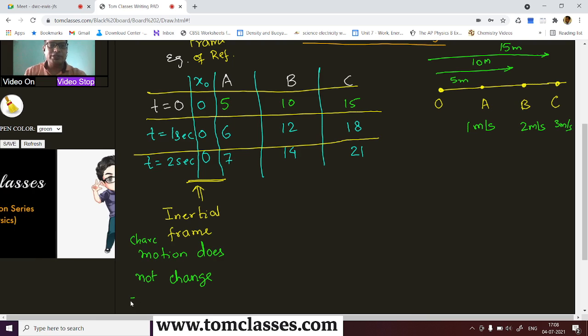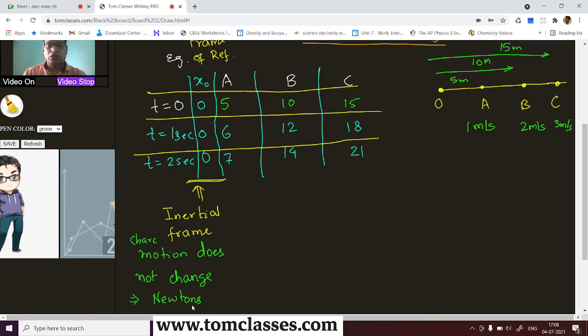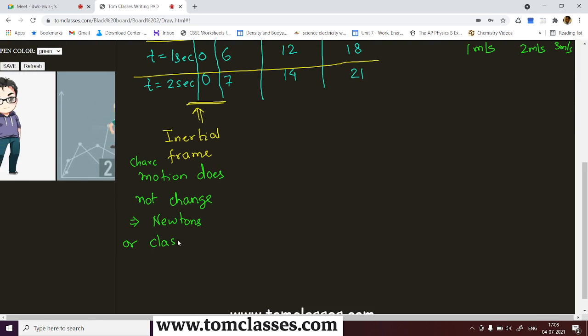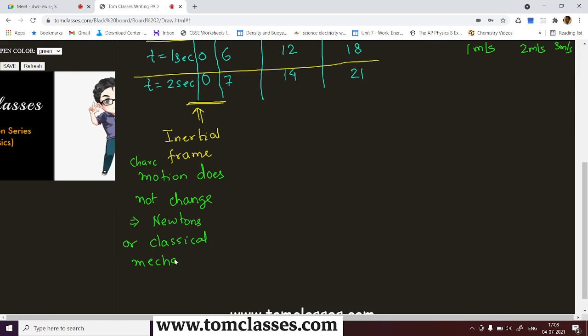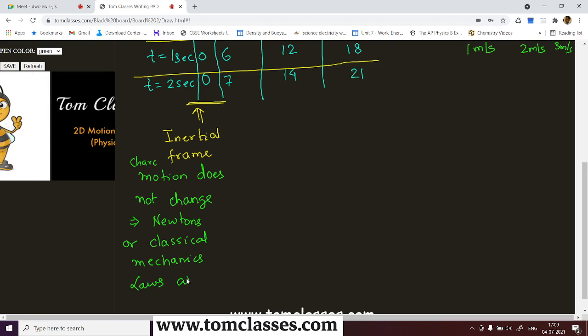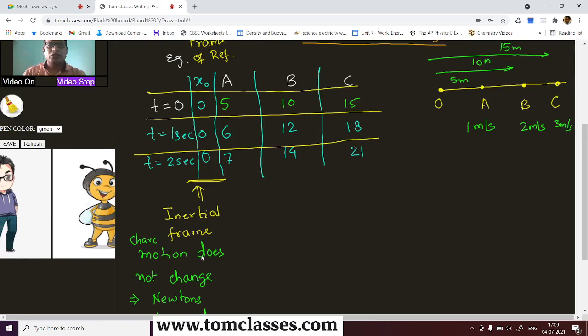So here Newton's laws are valid. Newton's laws, or classical mechanics laws, are valid over here, right? Okay, so that is what it is.